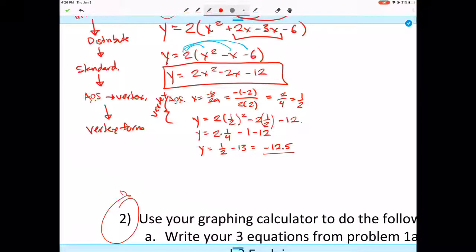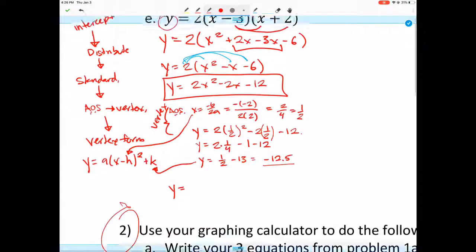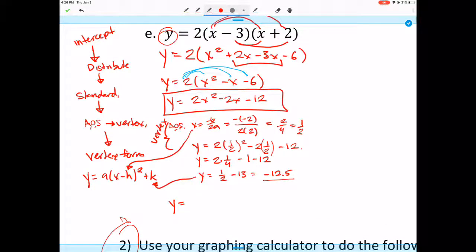So all we need to do is plug it into our vertex form. Vertex form is y equals a(x minus h) squared plus k, where this is our k value and that is our h value. So y equals a. What is our a? We'd have to look at our original equation or our standard form. These are our a values.